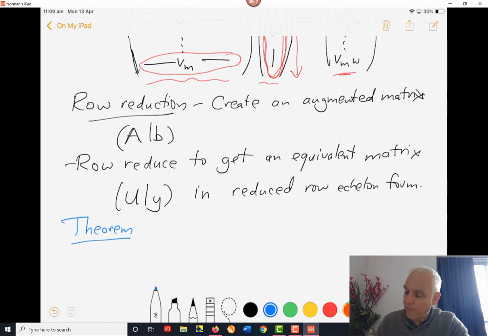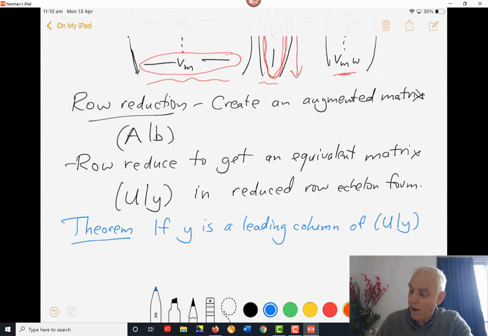So theorem, first of all, if Y is a leading column of this augmented matrix U, Y, then the system has no solutions.